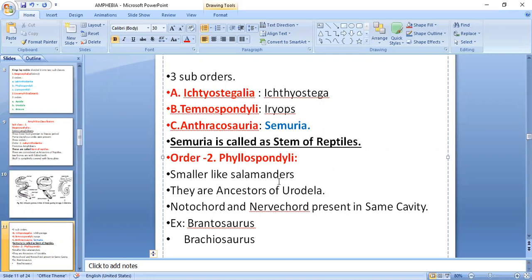Then Phyllospondyle are smaller, salamander-type extinct amphibians. They are the ancestors of Urodela, the tail-containing amphibians, which are derived from phyllospondyle amphibians. In these, the notochord and neural cord are present in the same cavity. These are not very important points. Examples are Brontosaurus and Brachiosaurus.